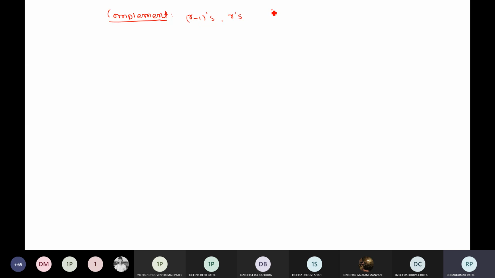So for binary number, base is 2. તો એના કોમ્પ્લિમેન્ટ કયા થાય? r minus 1 means 1's complement and r's complement means, base is 2, this is the r, so 2's complement.